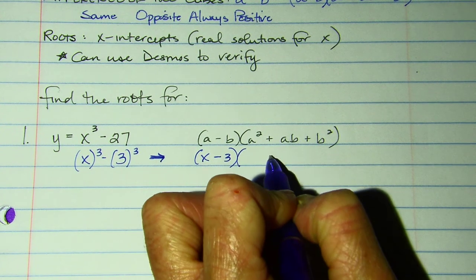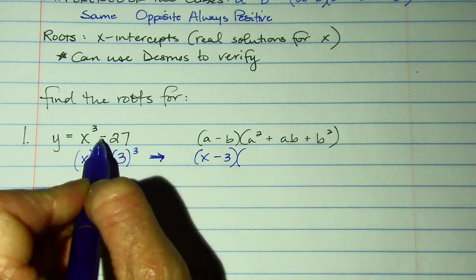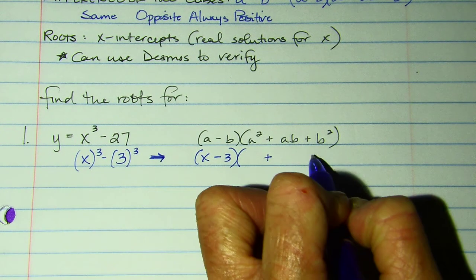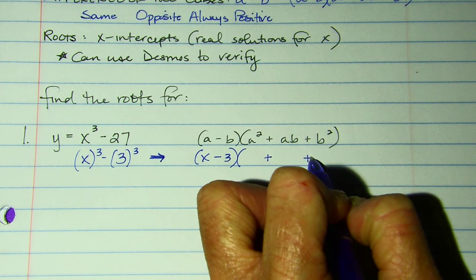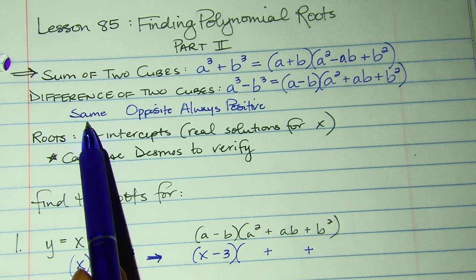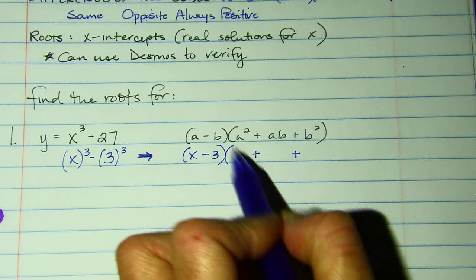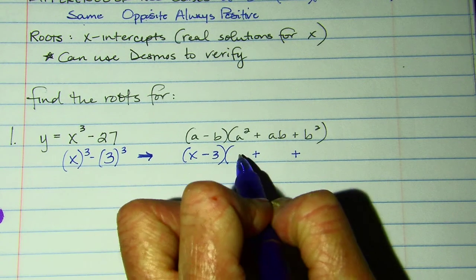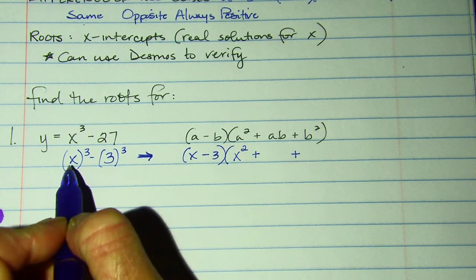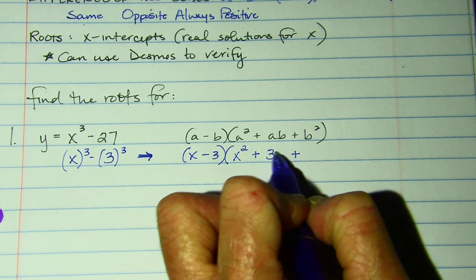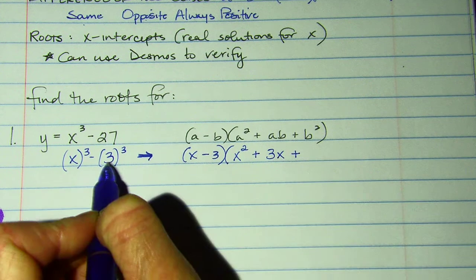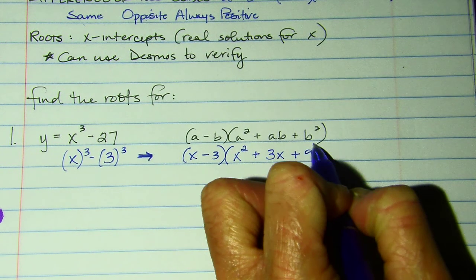The next sign is going to be opposite, so the opposite of minus is plus, and the last is always positive. That's where this acronym, same, opposite, always positive, comes from. Now this should be your first term squared, so x squared. X times 3 is 3x, and this is b squared, which in this case is 3, so 9.